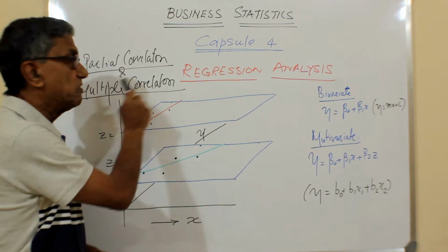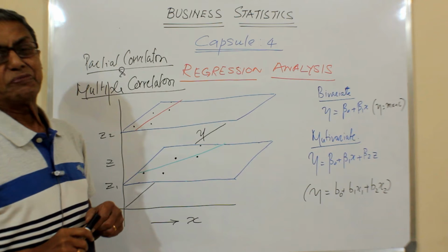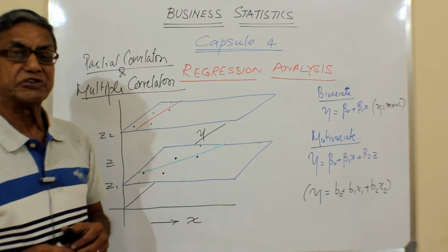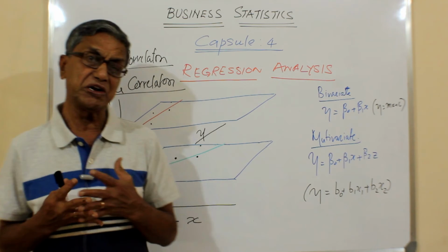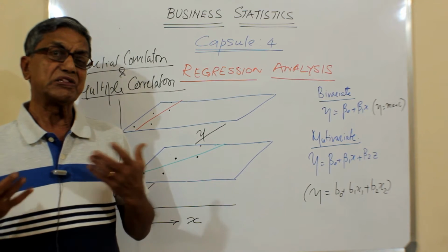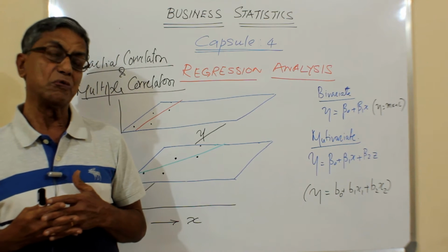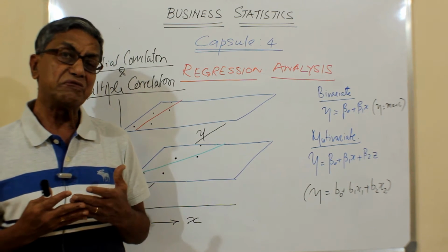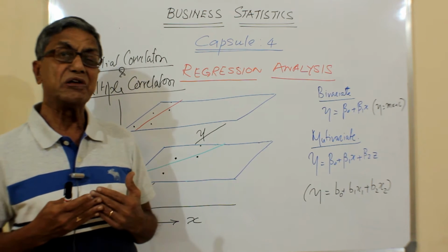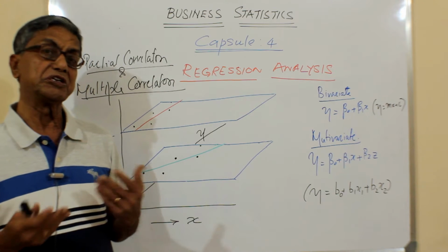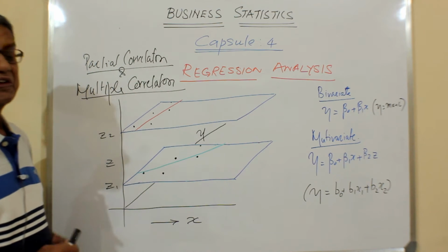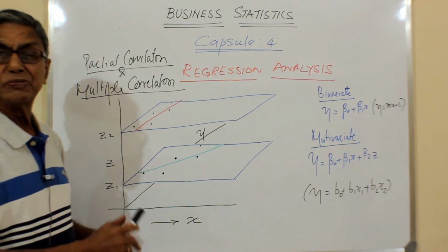Once we know about these, we will be able to appreciate, if there are three variables and more, what the independent variables and the dependent variable are, and how the dependent variable behaves with respect to the independent variables. We will understand this by way of a simple graph, and then I will explain more.